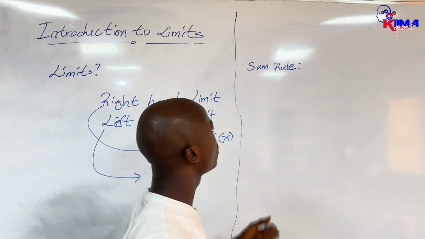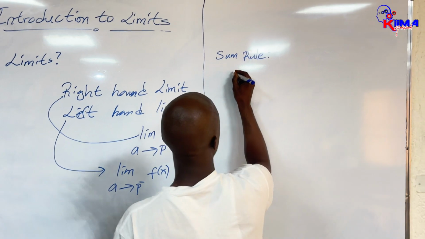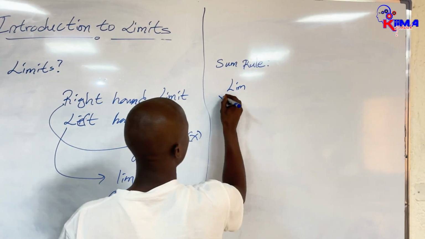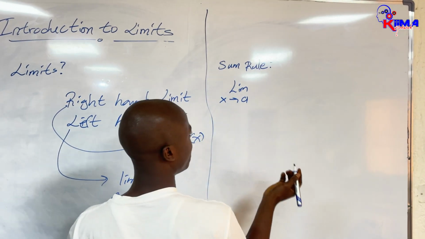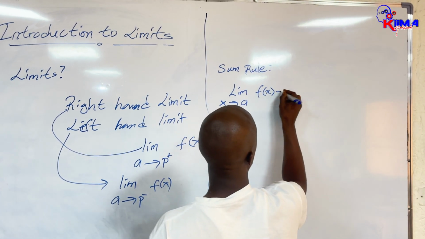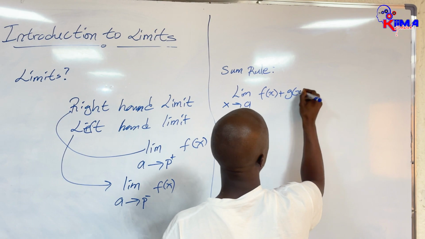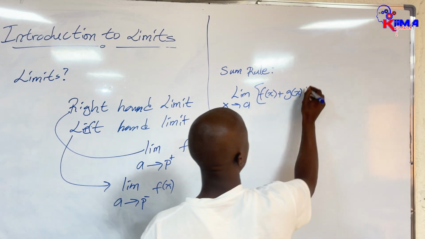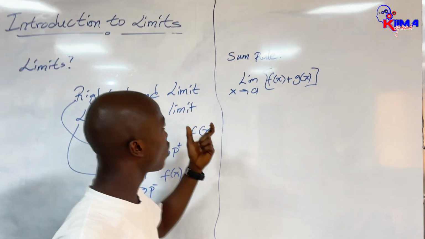When we talk about the sum rule, we can say the limit as x approaches a of f of x plus g of x. How can the sum rule be applied?